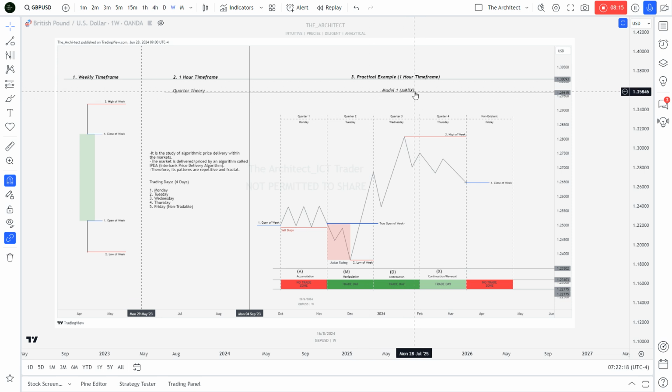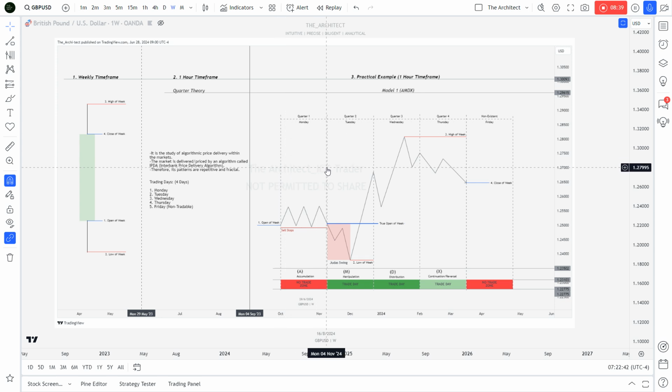But before we get into that, the precondition is, and these are rules that you should note: when you go into the hourly time frame, what you firstly want to do is separate the hourly time frame into its respective days. Meaning, on Monday, 12 a.m. New York time, make sure that you're using New York time, you want to place a horizontal line on there.